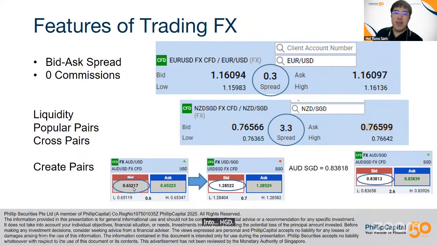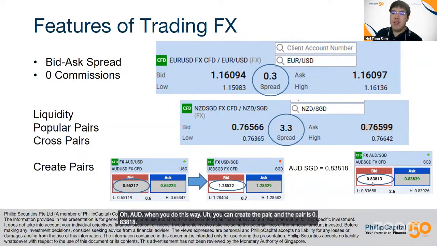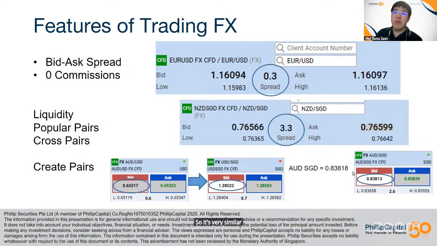So 0.6217 can convert into how many SGD? Then we will need to divide. Then we actually realize that when you do it this way, you can create the pair, and the pair is 0.83818. So it's very similar to the one that we provide as well.